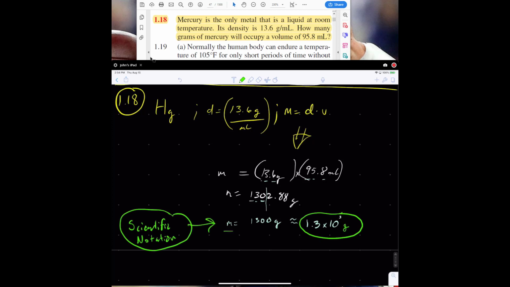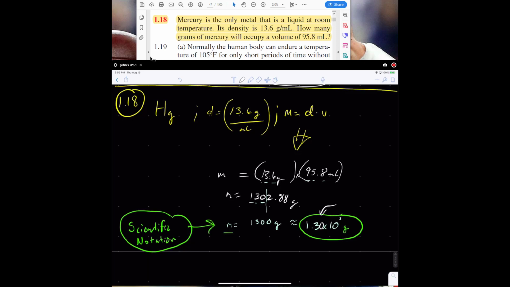So our mass is 1.3 times 10 to the, I'm sorry, it should be 1.30. Why? Because of the 3 sig figs.